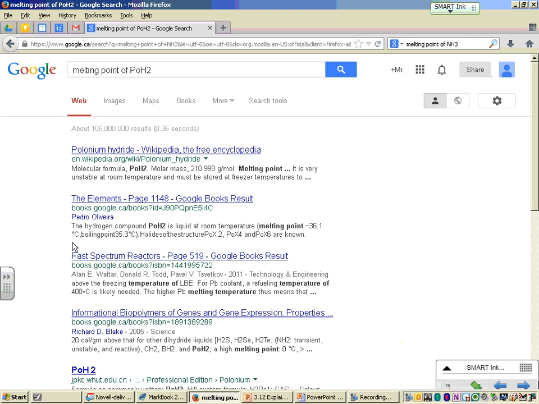One of them quotes a melting point of negative 36, which means it never dominates over the hydrogen bonding. From what I just checked quickly, you could say that the hydrogen bonding is going to dominate.